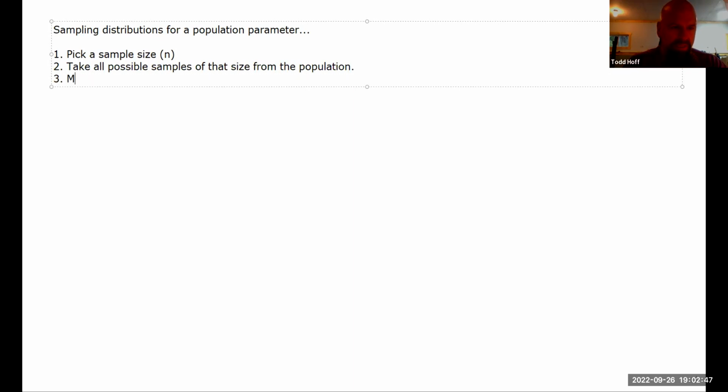Measure the statistic from each sample. So if we're measuring the proportion, you'd measure the proportion. If we're measuring the mean, you'd find the mean of each sample. And those statistics make up the sampling distribution.